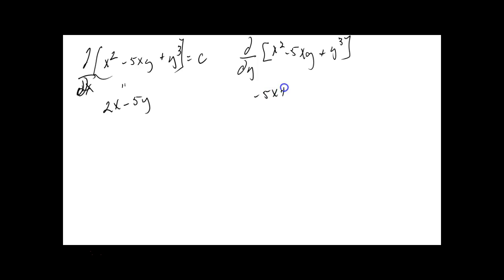Okay, take the partial with respect to x, multiply it by dx, plus, and I'll put it in parentheses, the partial with respect to y times dy. That's equal to 0, because when you take the partial of the constant, you get 0.